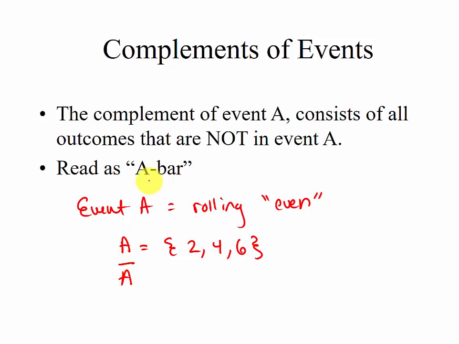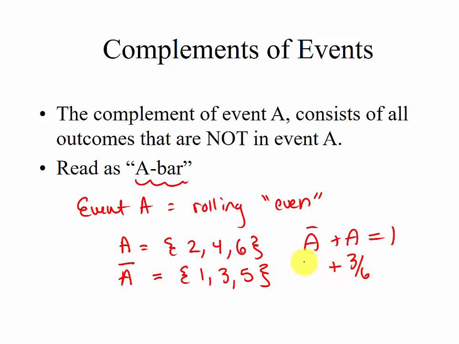A bar is how we verbalize the complement, which would be all of the other possible outcomes that are not included. So that would be 1, 3, and 5. Together, the probability of an event plus its complement has to equal 1. So in this case, event A would be 3 out of 6, the complement would be 3 out of 6, and together they would equal 1.